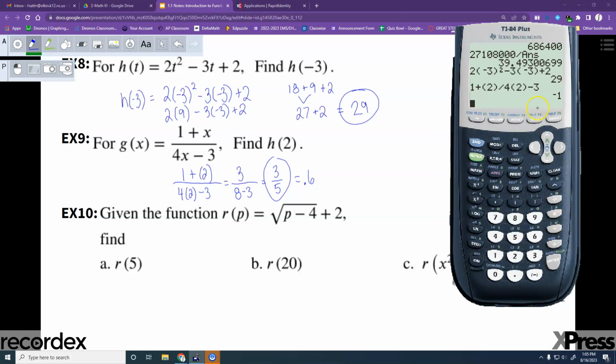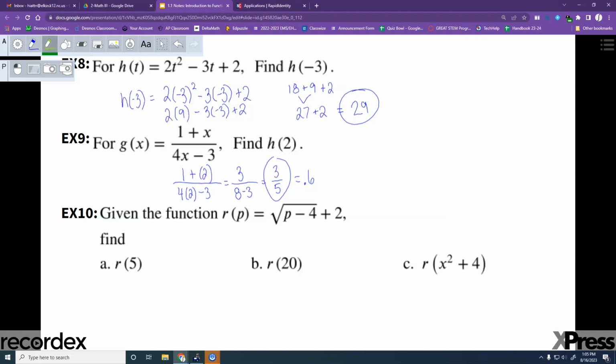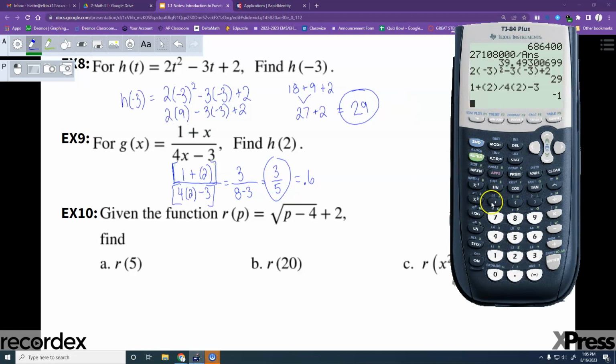Because if you do type it into the calculator, you need parentheses around the top part and around the bottom, which actually makes it kind of complicated to type in. You would have to do parentheses 1 plus 2, close parentheses, divided by parentheses 4 times 2 minus 3. You've got to close those parentheses, so you have to have those extra ones there.